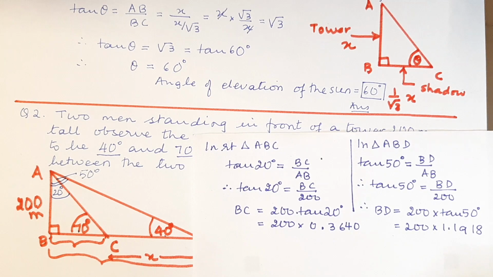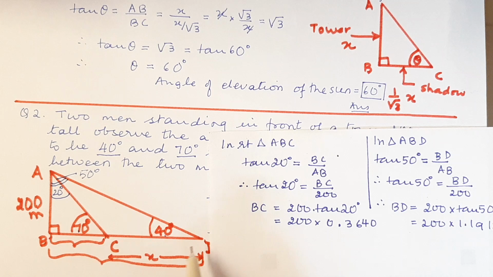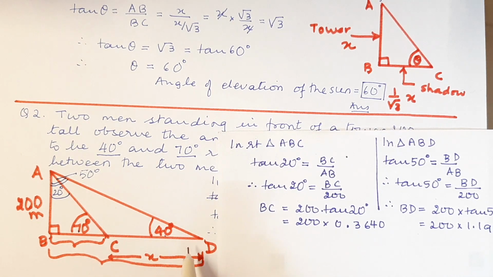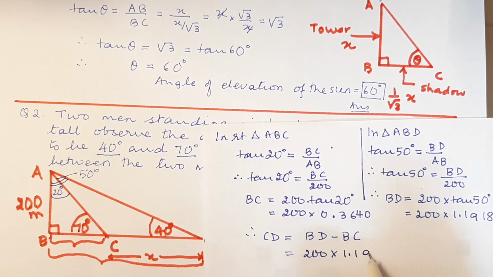Now we are interested in not BC or BD, but we need CD. And so we are going to say therefore CD will be BD minus BC, which will be 200 multiplied by 1.1918 minus 200 multiplied by 0.3640.